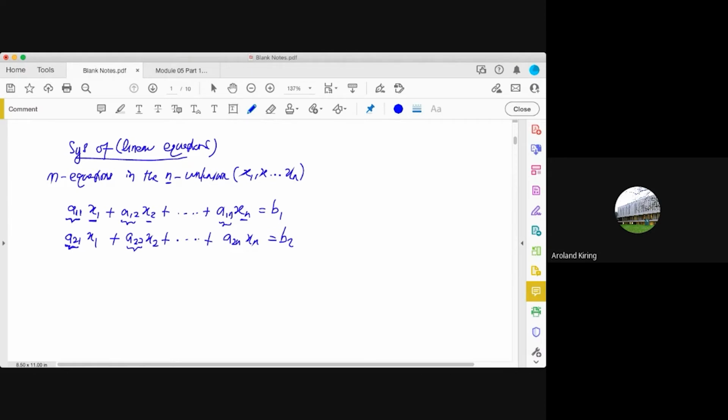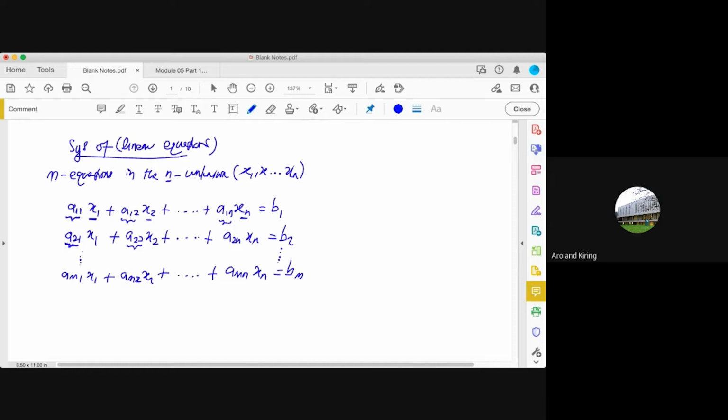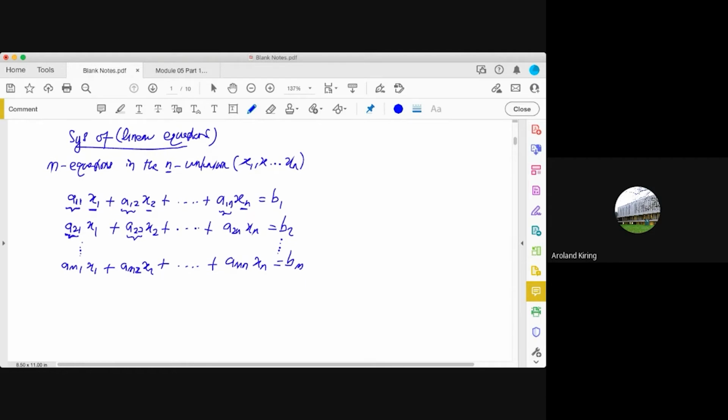For the rest, we would write am1 x1 plus am2 x2 plus amn xn equal to bm. So this is what we have if we have m equations in the n unknowns. Be very careful when you write your equations.